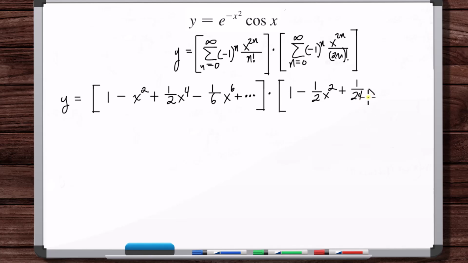So x to the 4th over 24. Minus, n is equal to 3. You've got 3 times 2 is 6. 6 factorial is, 5 factorial is 120, 120 times 6 is 720. So 1 over 720, x to the 6th.